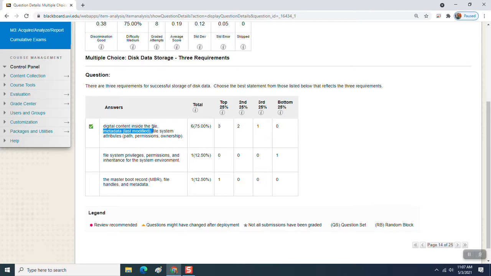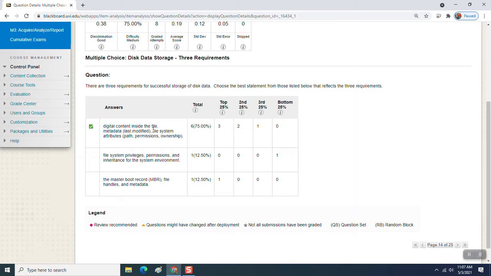You need the metadata of the file itself, things like who created it, when was it last modified and by whom, what are the dimensions of the graphics file. Those are all metadata. Those are elements of interest that are captured along with the file itself.